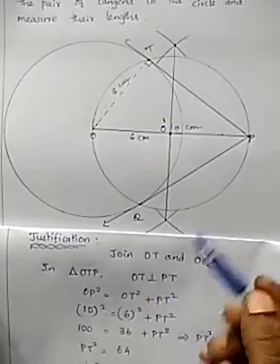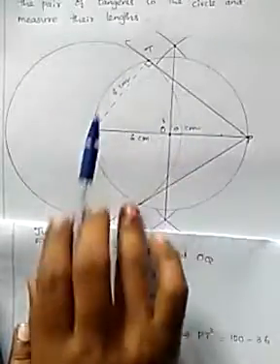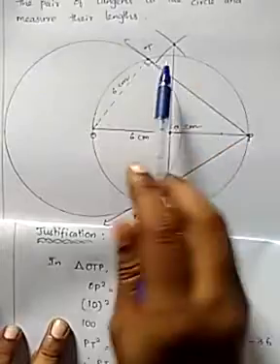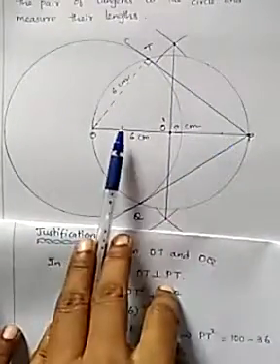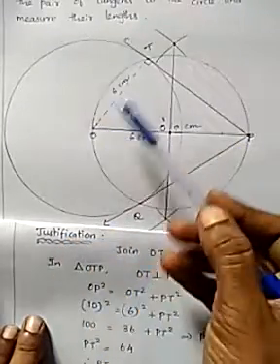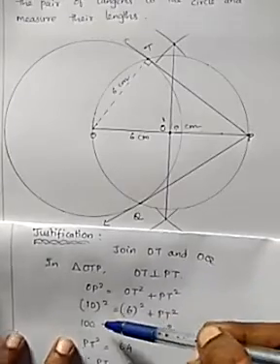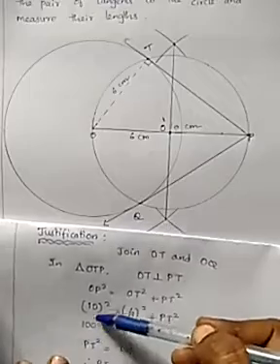OP is the hypotenuse. The biggest, lengthiest side is known as the hypotenuse. So OP squared equals OT squared plus PT squared. Now replace the values: OP is 10, OT is 6 centimeter.